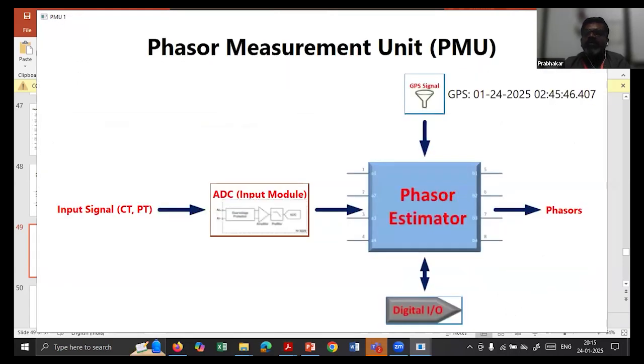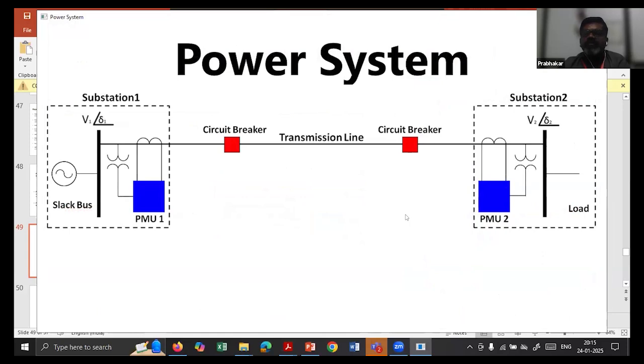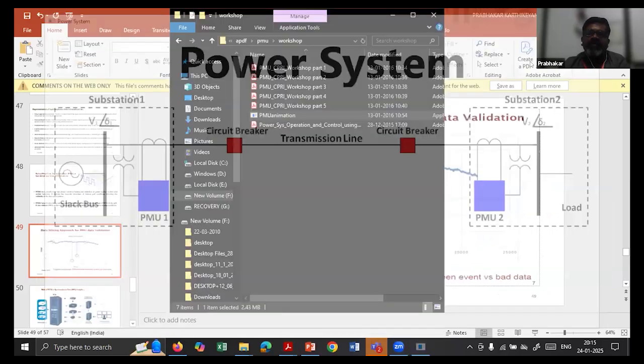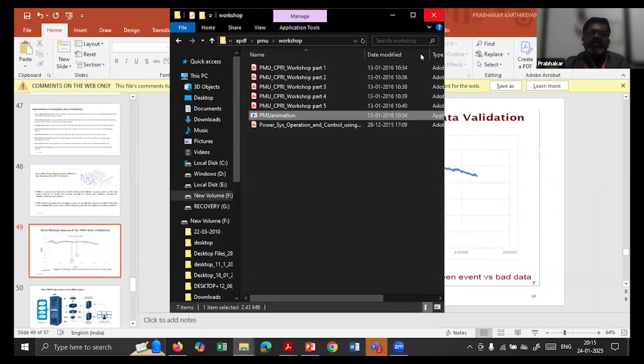So this particular video file helps you to show the role of the phasor measurement unit and how the data is extracted and how we can utilize these data for future studies or future analysis.